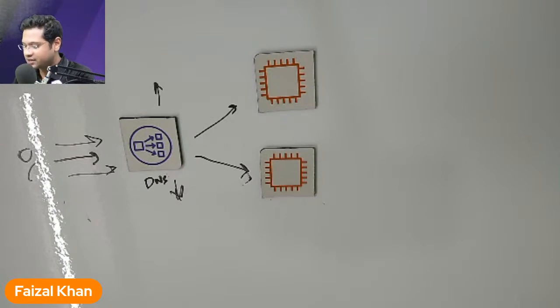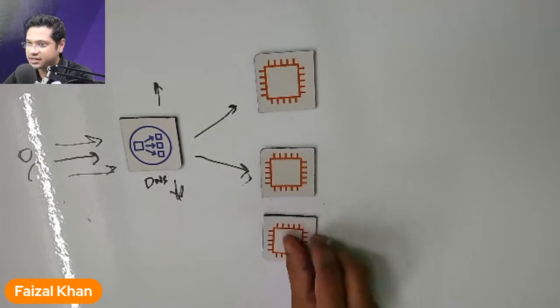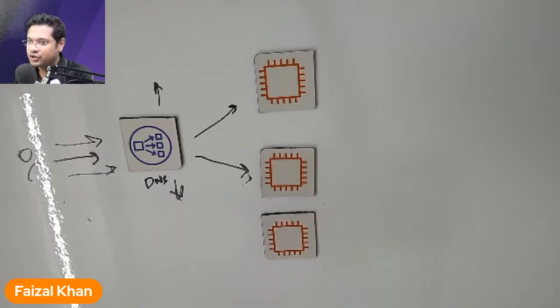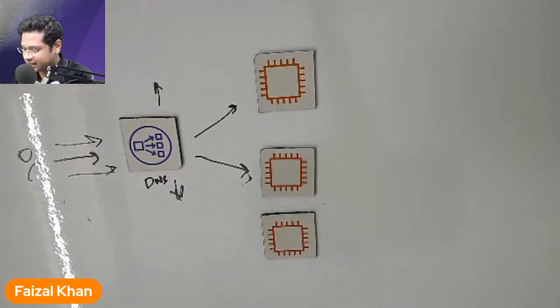What it also has the capability to do is it integrates with the auto scaling service for your EC2 instances, right? So if you, for example, add another EC2 instance into the picture over here, the load balancer will have the ability to automatically detect that instance and start sending traffic to it, right?